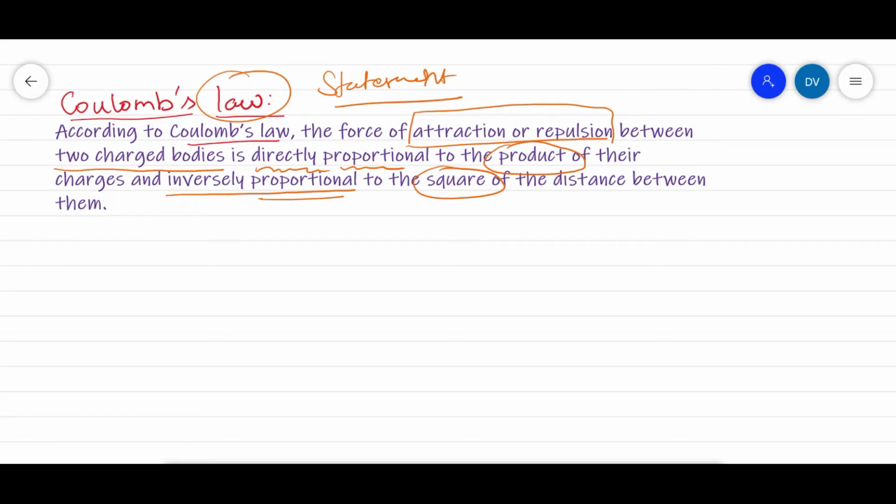So how we can make the topic more interesting is, you can go in reverse manner. Frame the formula by yourself, which is very easy to frame as per the sentence. Coulomb's law states that force is directly proportional to the product of the charges and inversely proportional to the square of the distance between them.